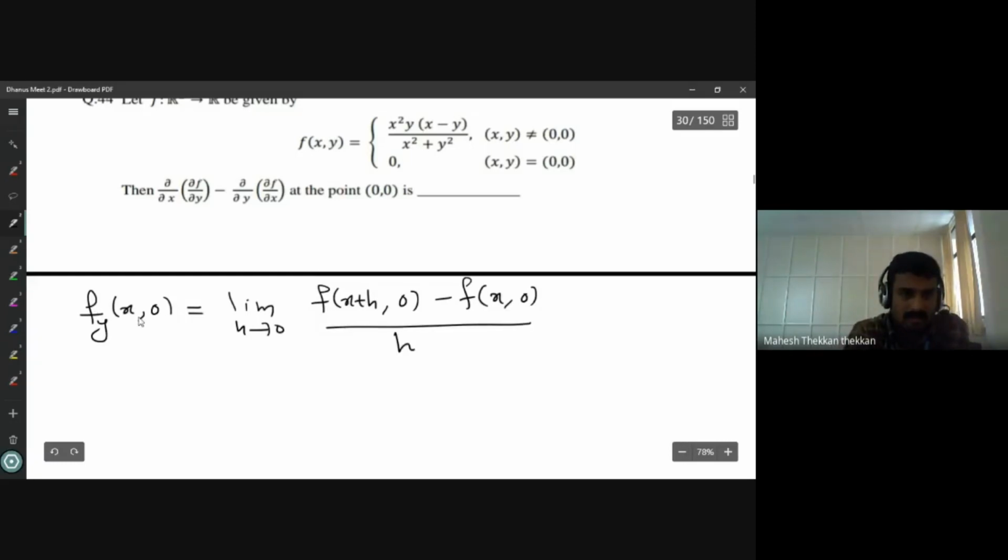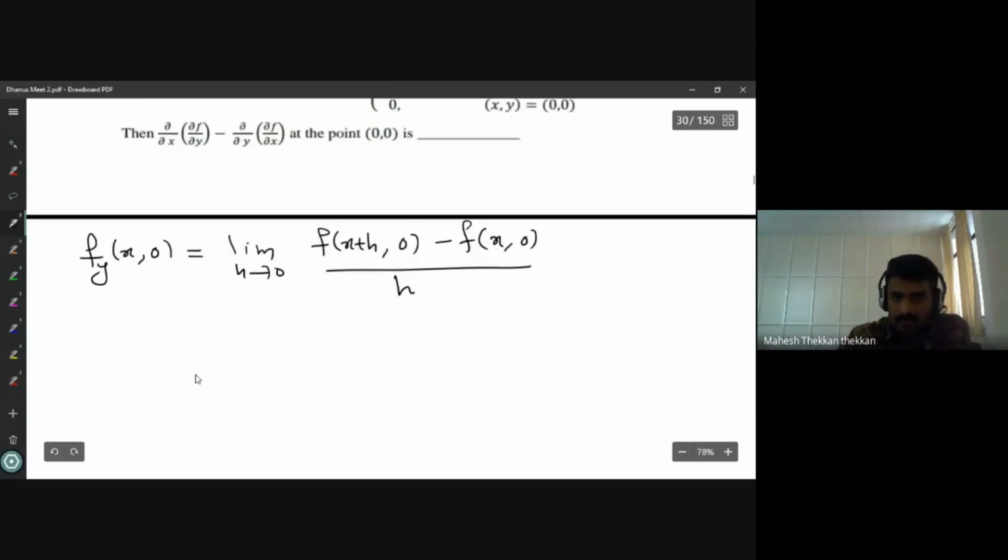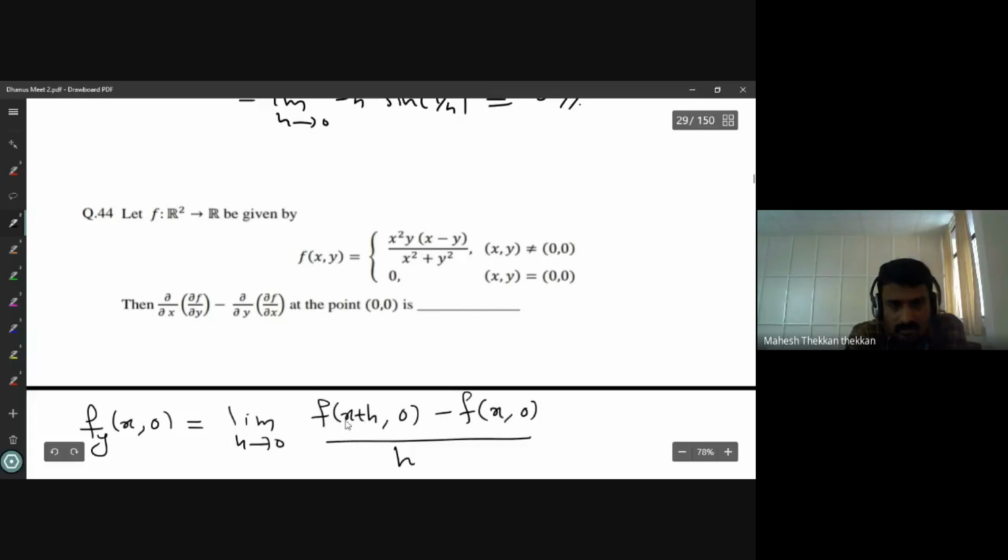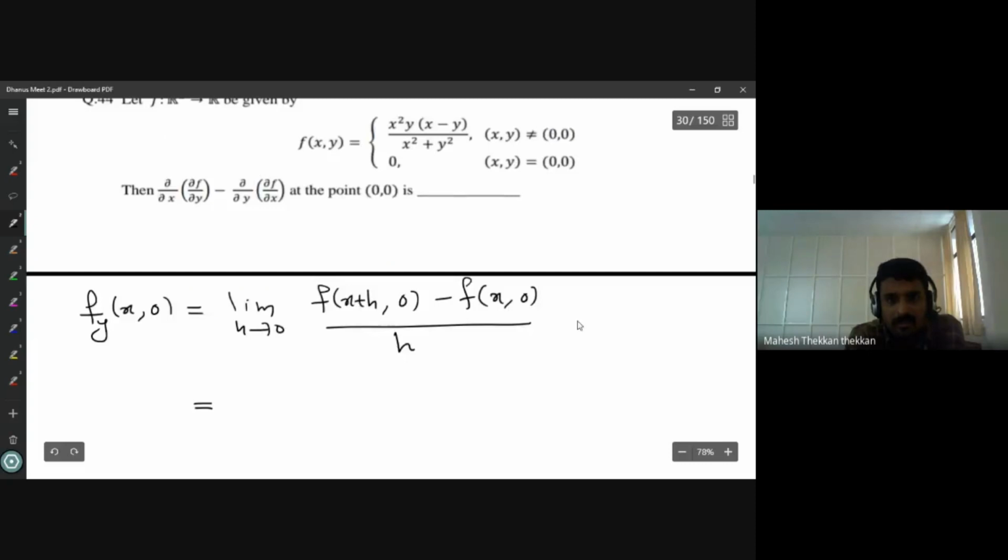I'm not worrying about x; I am taking x as fixed. So what is f(x+h, 0)? Here the y term is 0, so if I put it in this function, the numerator has a multiplication by y, so that will be 0. So the numerator is totally 0, then the denominator is there. So it is nothing but the limit as h tends to 0 of 0 by h, that is a zero function.